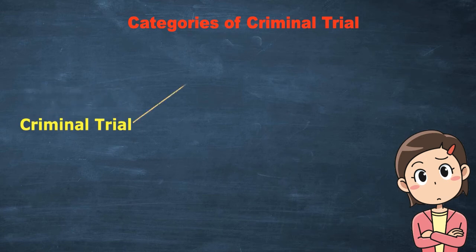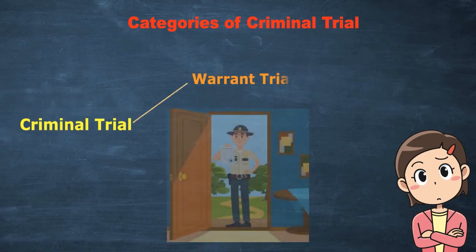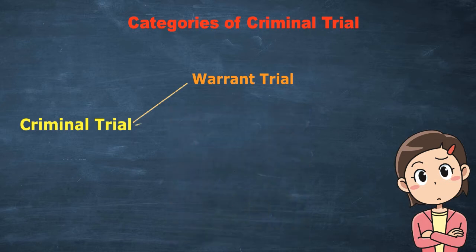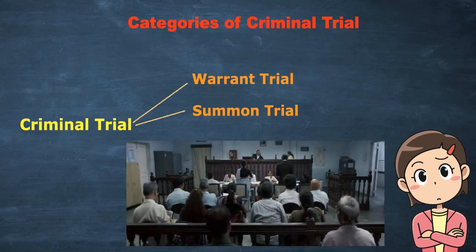The first one is warrant trial, and under the warrant trial the offenses included are severe in nature. The second one is summon trial, under which the offenses included are minor in nature.